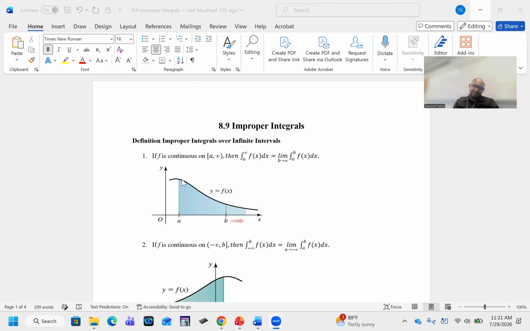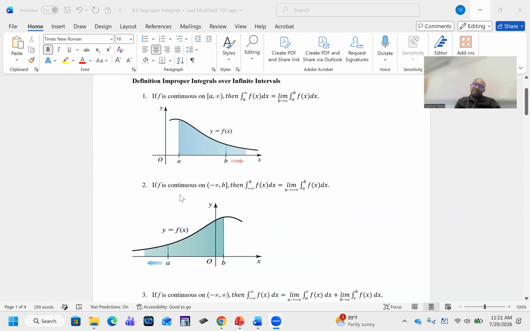You can see this is the interval from a to b, right? So as b is going to what? Positive infinity. If you are looking for this area, this is the formula you have to use. You can use the limit.